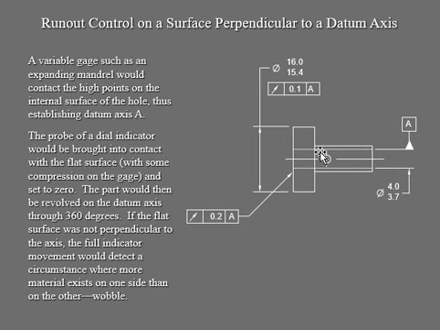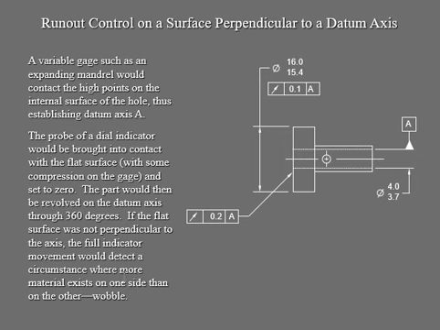Revolve means rotation around that datum axis, 360 degree. So your flat surface, if it's not perpendicular to that axis, then the full indicator movement is going to detect a circumference where more material exists on one side than the other.